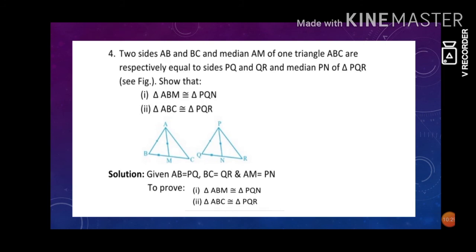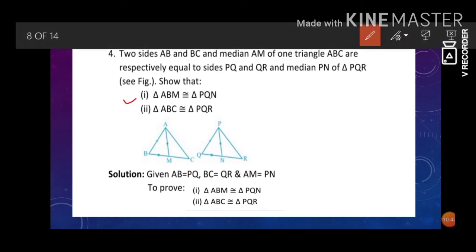Now question number 4. In question number 4, two sides AB and BC and the median AM of triangle ABC are respectively equal to PQ, QR and the median PN of triangle PQR. We need to show two congruencies.